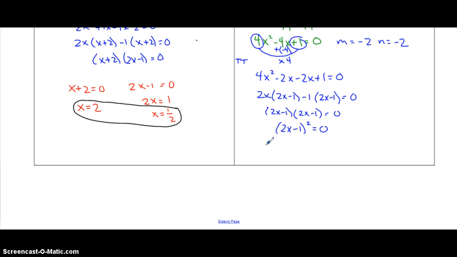So when we set that bracket equal to 0 and then solve it, add 1 to both sides, divide both sides by 2, we just have one solution. If we did that with the second bracket, we'd end up with the exact same solution. So there are, like I said, some circumstances where there aren't two solutions, but there's only one.